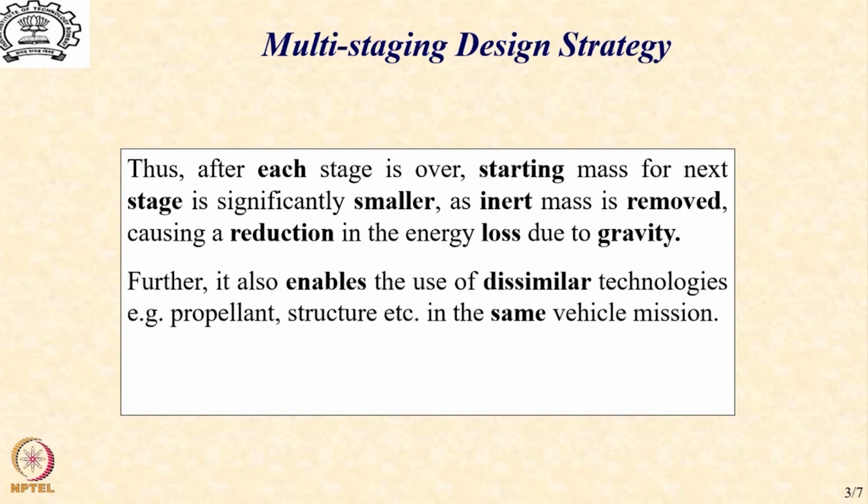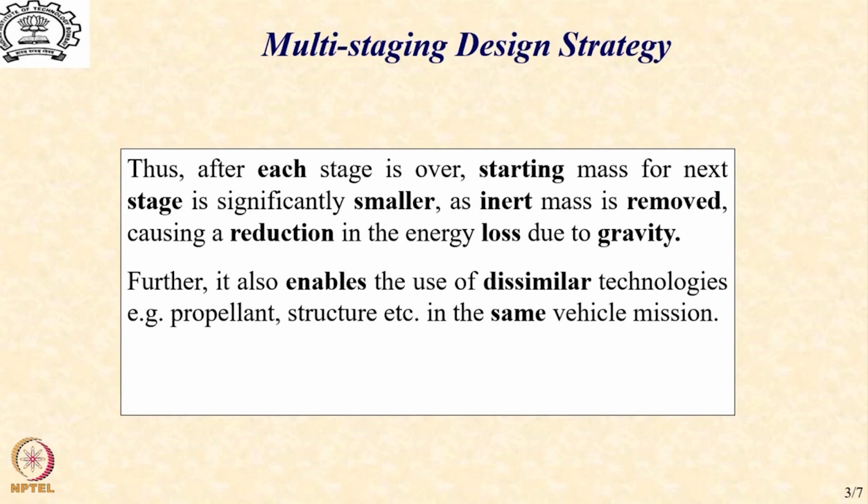There is a side benefit that we automatically get by dividing the rocket into segments, and that is in terms of using different technologies for different segments. Because each rocket is a unit by itself, that unit can be treated separately and it need not have any commonality with the other units, which means it can use a different propellant like solid or liquid.